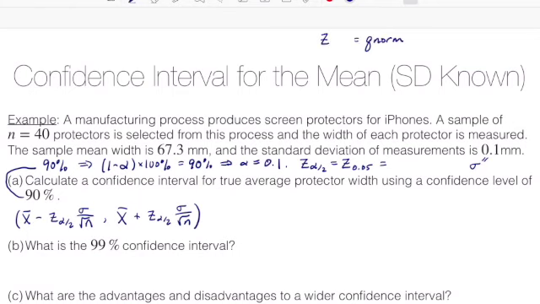So z alpha over 2, you can use the qnorm function to find. But either of those methods will of course yield the same thing, in this case 1.64, and I guess this is really approximate equality.